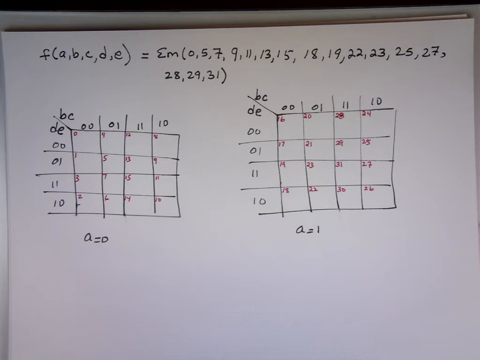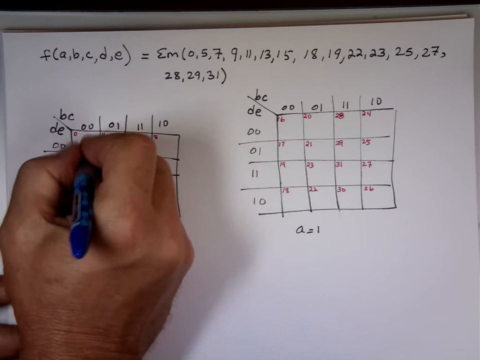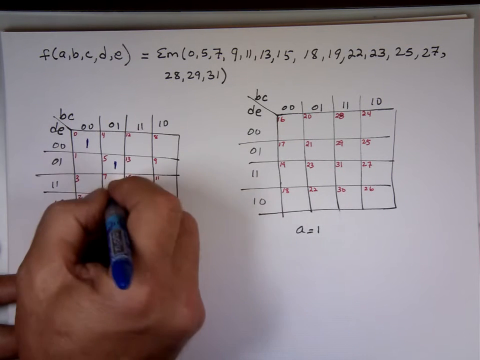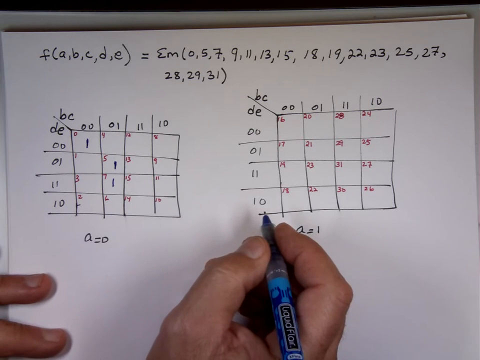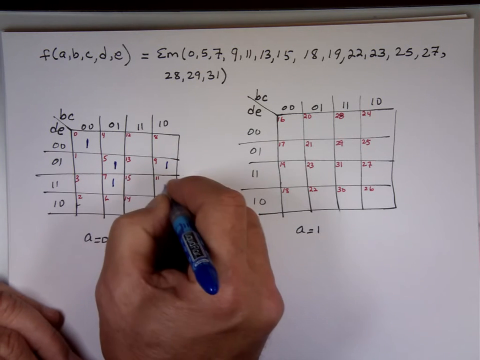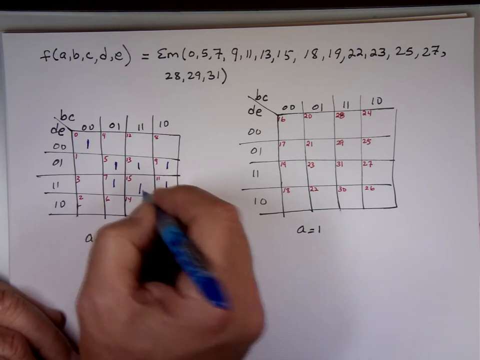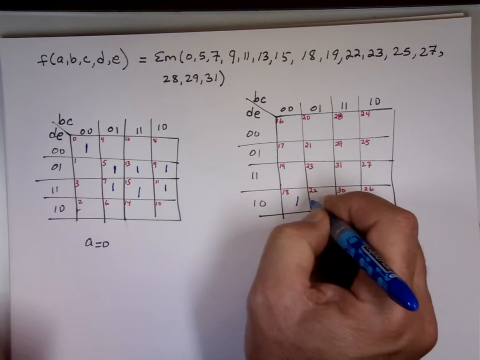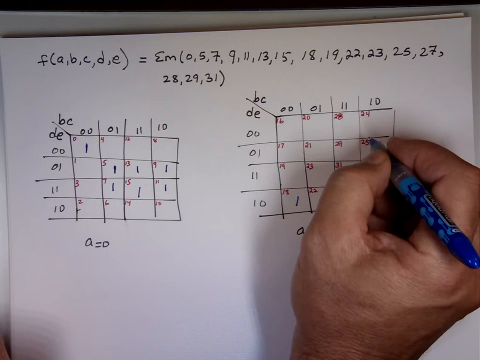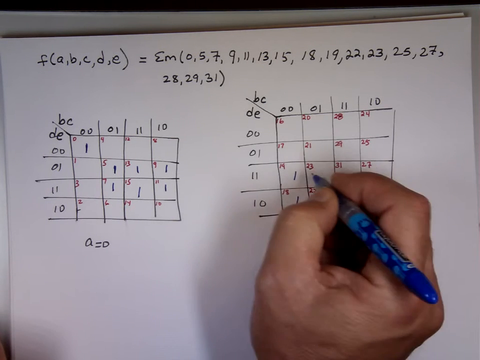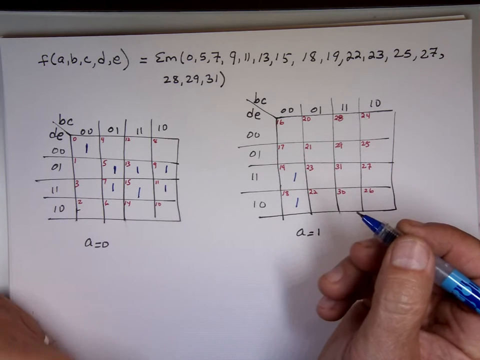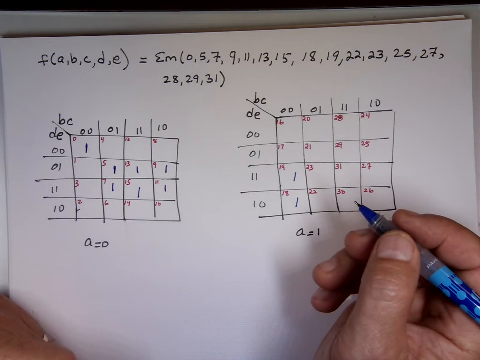I have a value of 1 where? At 0, at 5, 7, 9, 11, 13, 15, 18, 19, 22, what is 22?